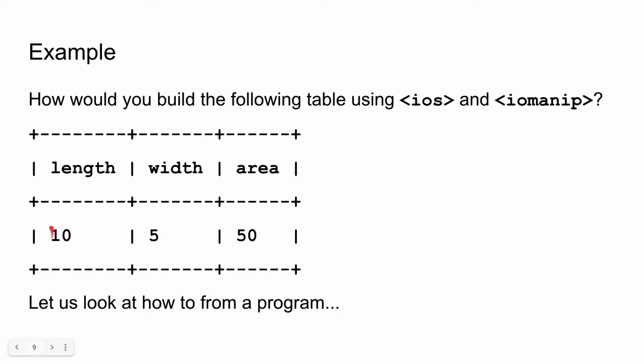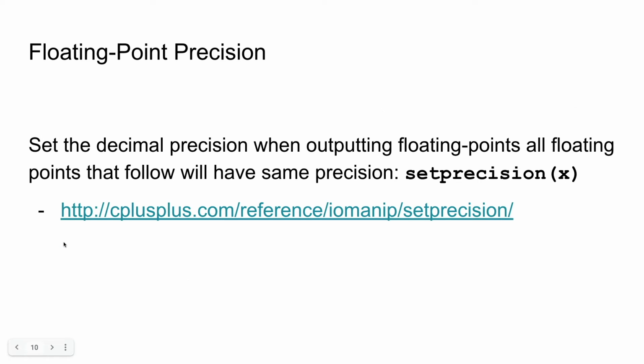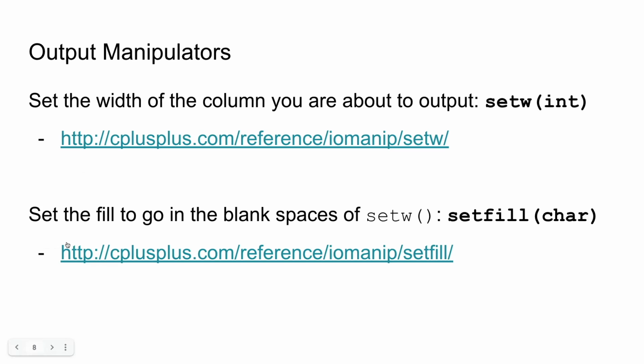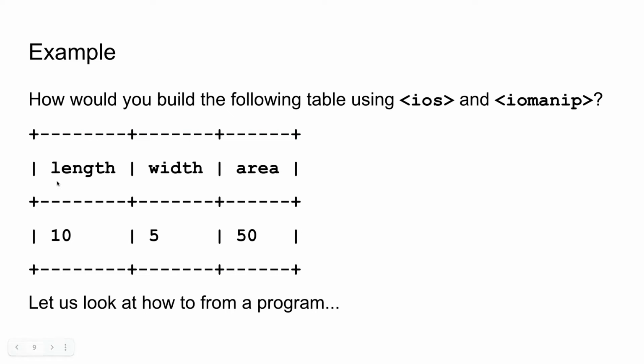Say here, we want this space to always be given 6 characters, so it always lines up nicely in this box, even when I put a 10 in here. So how would I do that? I would use this setW right here, and set a width of 6 to output a buffer for 6 characters.